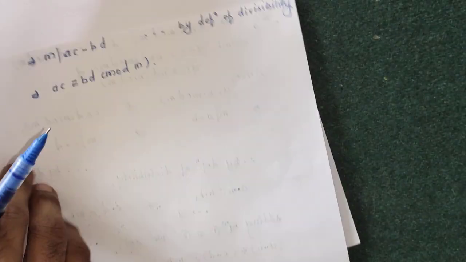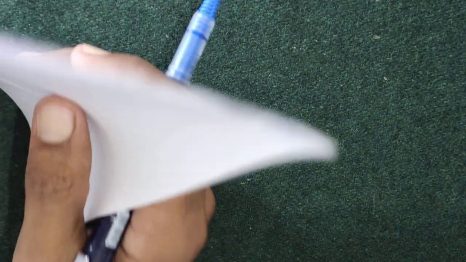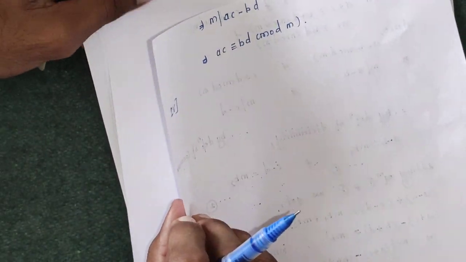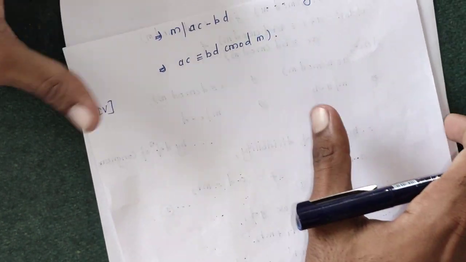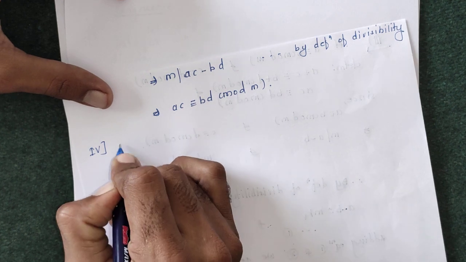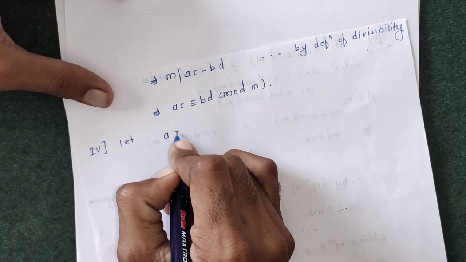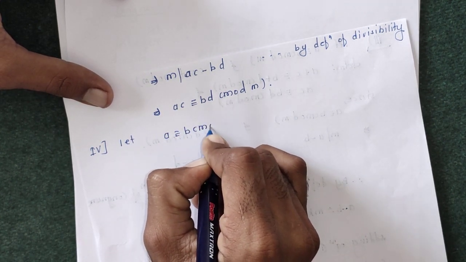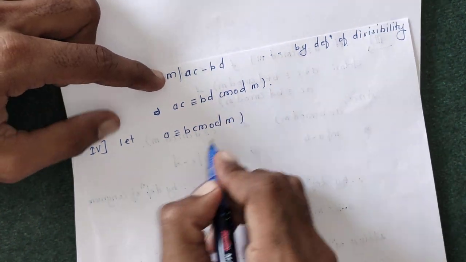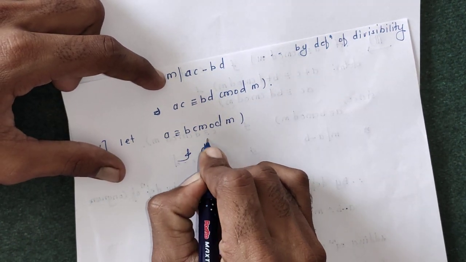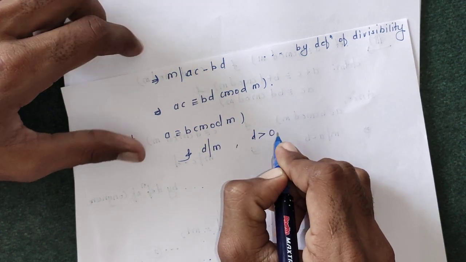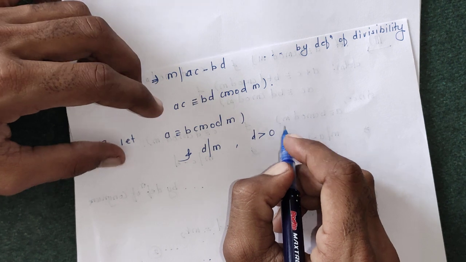Now to prove this fourth statement, given that A is congruent to B mod m, and D is any positive divisor of m, that is D divides m and D is greater than 0.